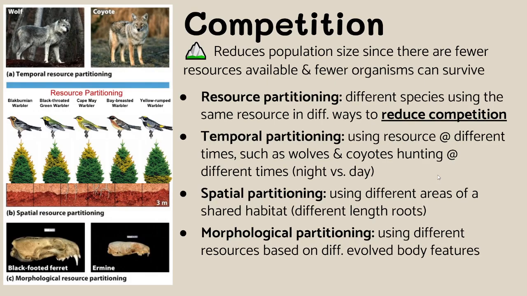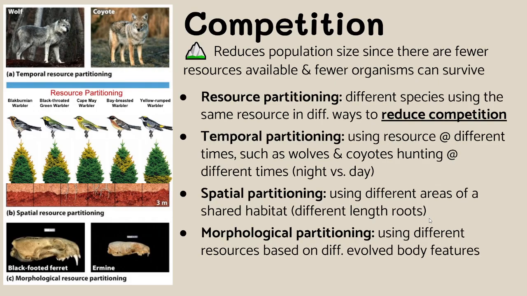And then morphological is typically what we see when it comes to food resources. So in morphological partitioning, organisms might, based on what they're more suited for, and this would lead into some of our discussion of speciation and adaptations in Unit 2, they will use whatever food source is easier for them to access.